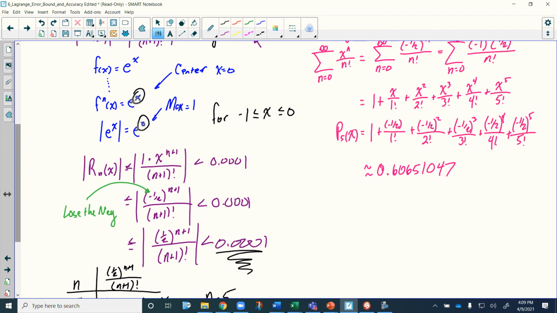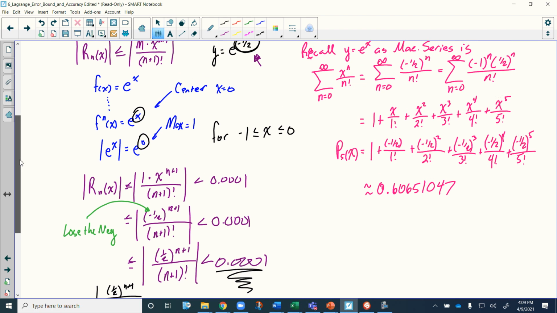And I can get that number from the polynomial or by using my calculator with the series that we wrote here. Either one is going to give you the number. The series is probably going to be a little less time consuming to type out on your calculator.